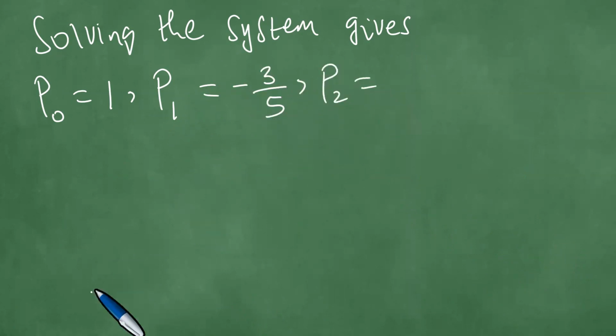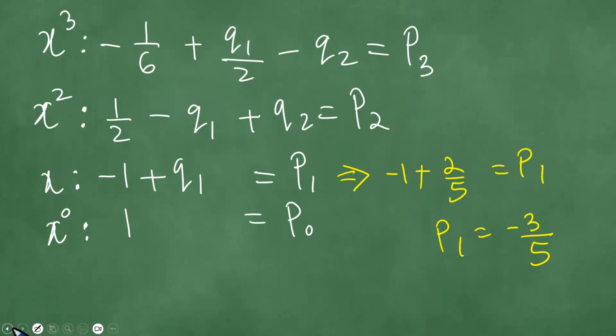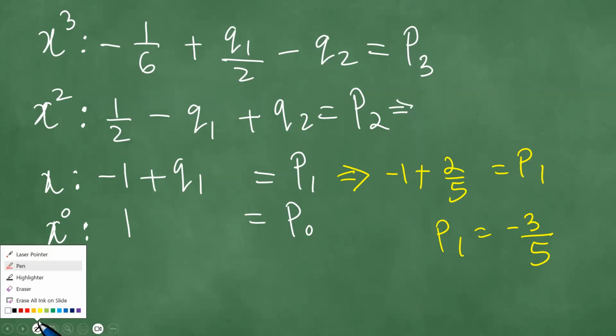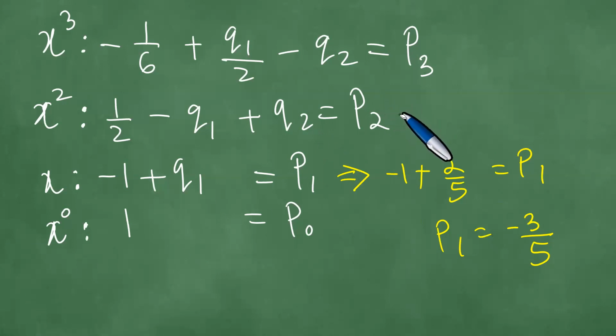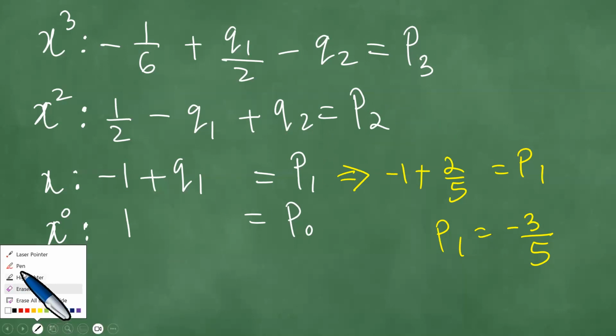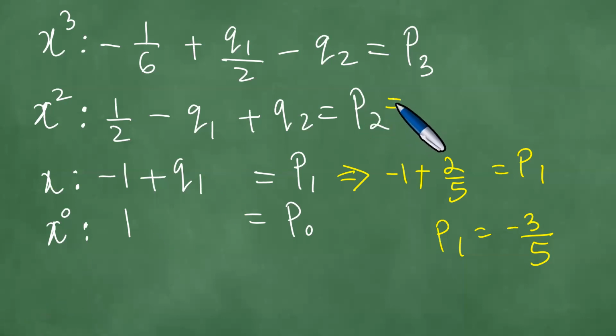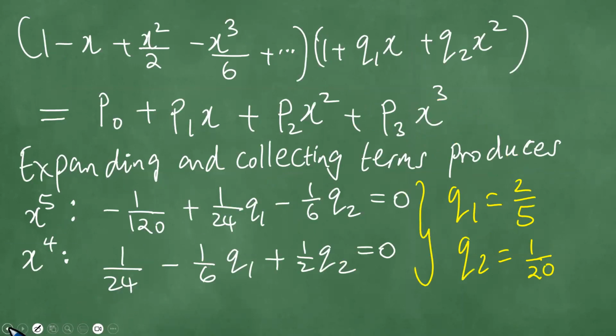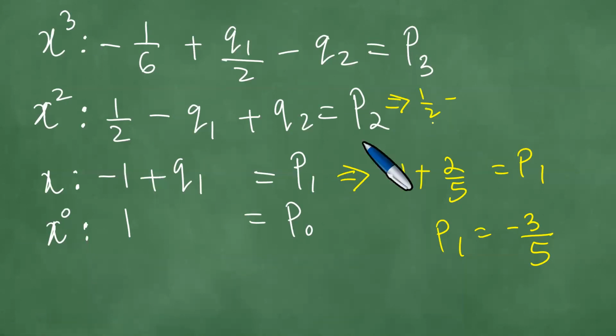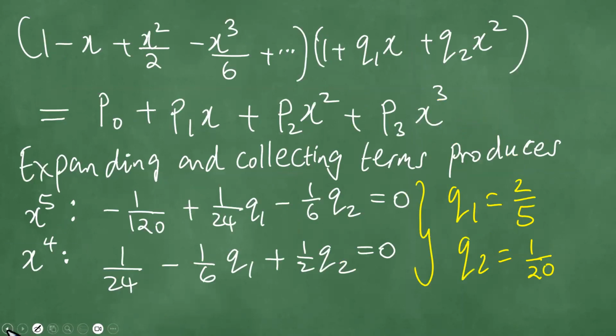The next thing we're going to find is P2. So here we put just Q1 and Q2. Let me use the yellowish color. So you'd have the figure, this implies 1/2 minus Q1. We found Q1 to be minus 2/5. Q2, you found it to be 1/20.